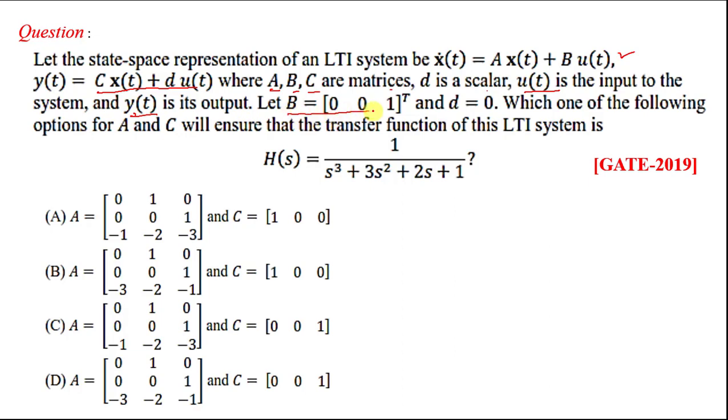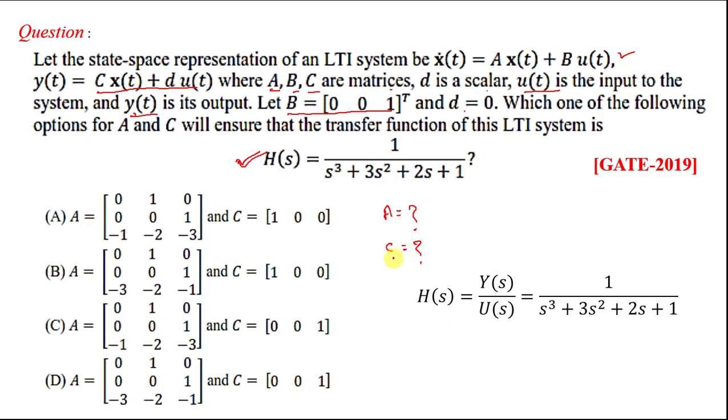Let B equal [0, 0, 1] transpose, and D equals 0. So this is your transfer function. What will be the state space representation of the transfer function, what is matrix A and what is matrix C? So let us see the solution.